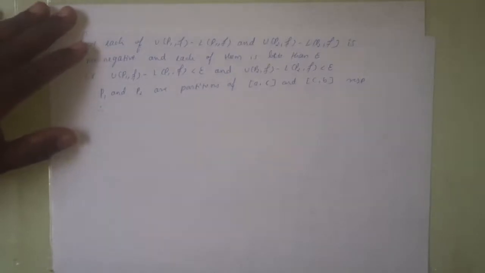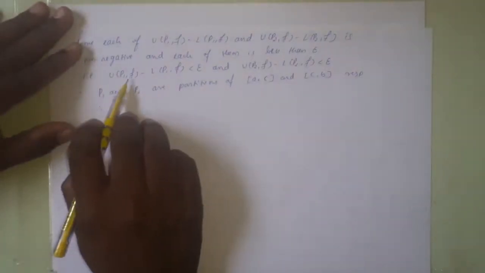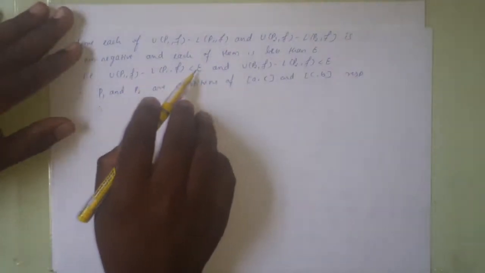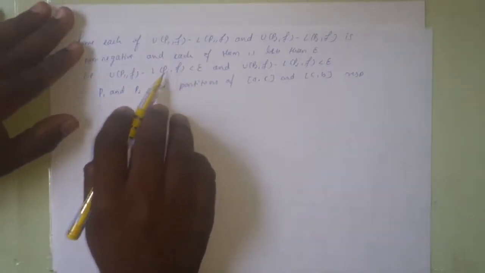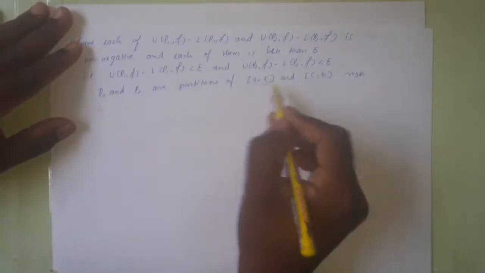So, therefore, by using the necessary and sufficient condition for Riemann integrability, we can say that U P1 F minus L P1 F is less than epsilon. It means that F is Riemann integrable on the partition P1, and P1 is the partition of the closed interval AC.